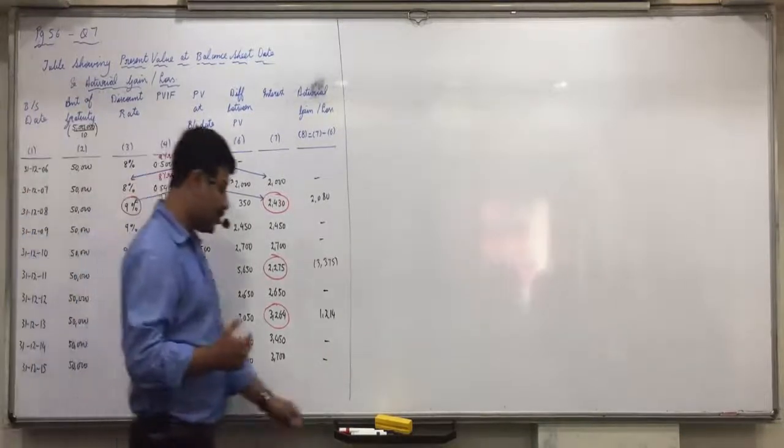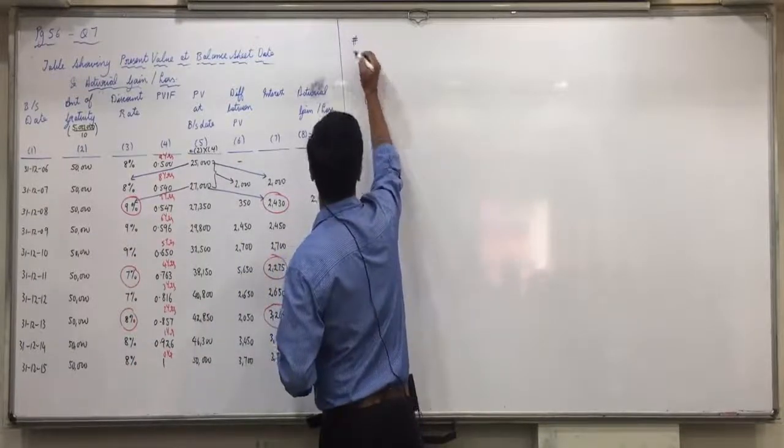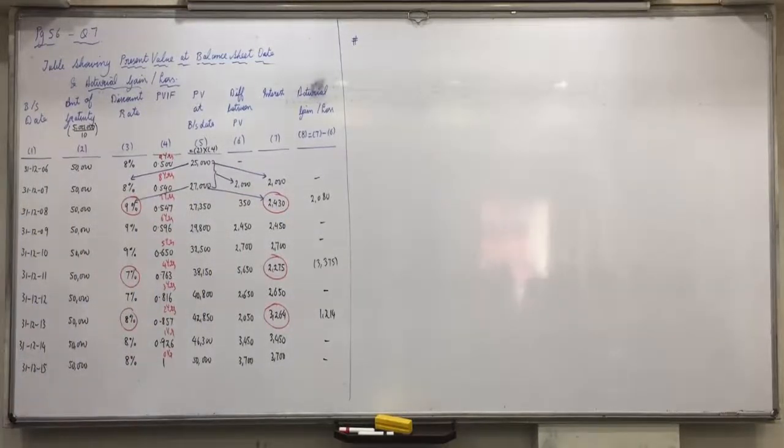So give the heading actuarial return on planned assets.